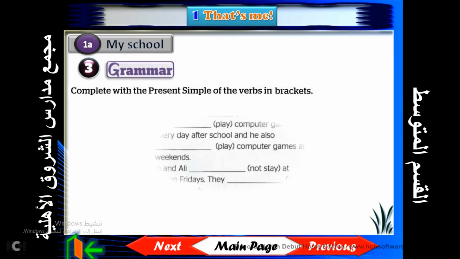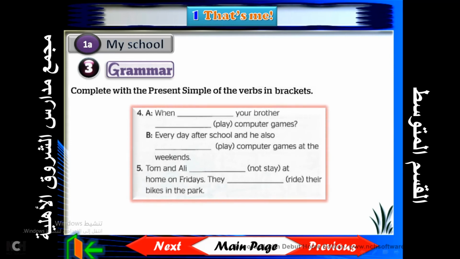Now, complete with the present simple of the verbs in practice. Now we will complete our questions. Number 4, when does your brother play computer games? Okay, this is a question. We should ask with do or does.